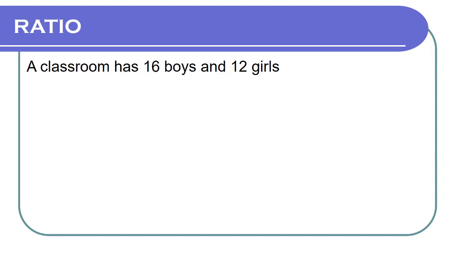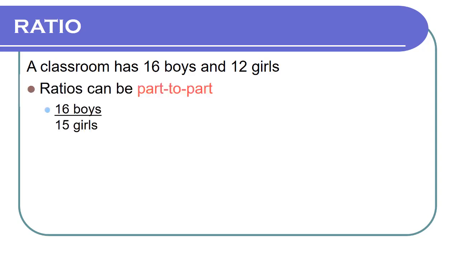Another example here, if in a classroom there are 16 boys and 15 girls, there are some ways to write a ratio. For example, the ratio can be part to part. It means that we compare the number of boys and girls.